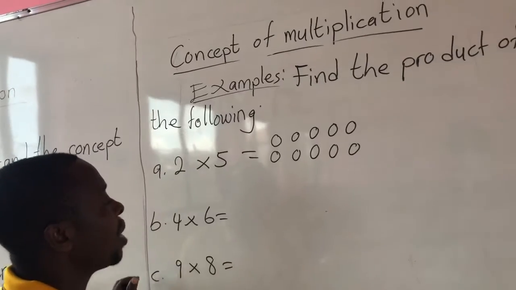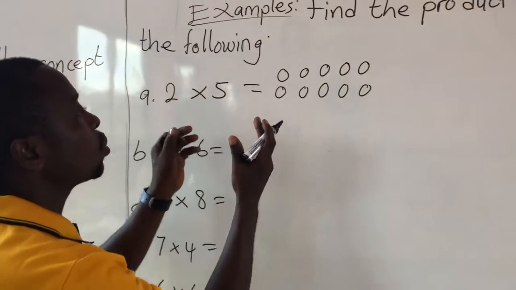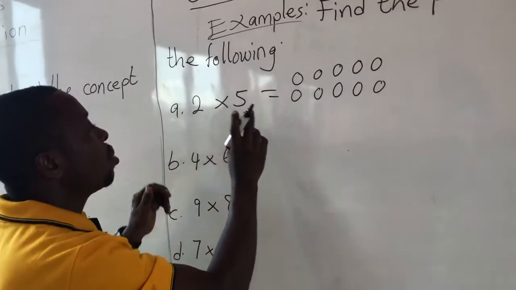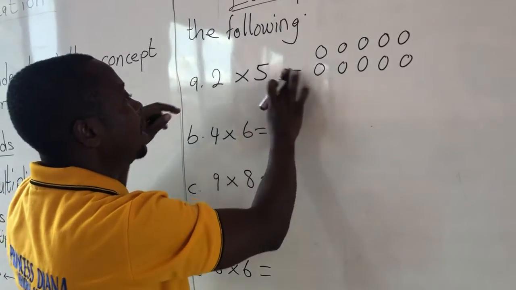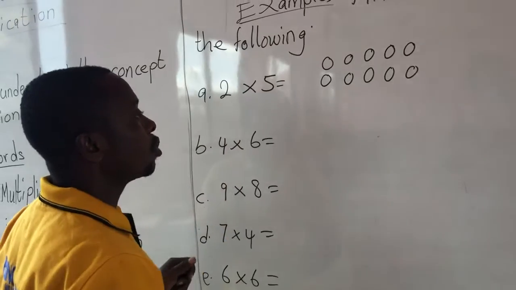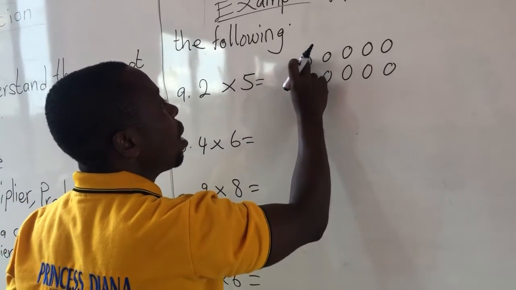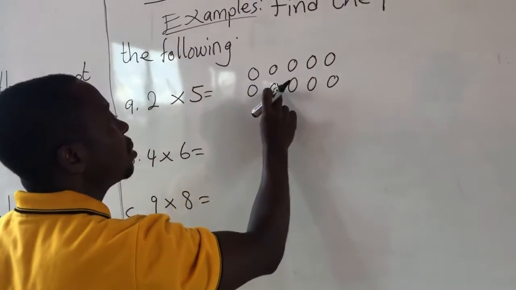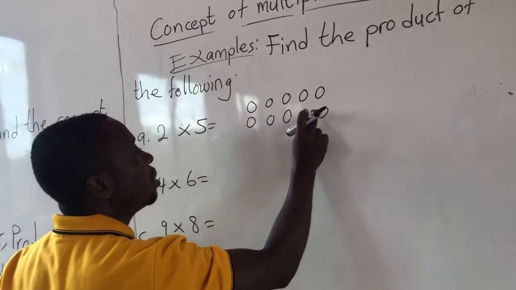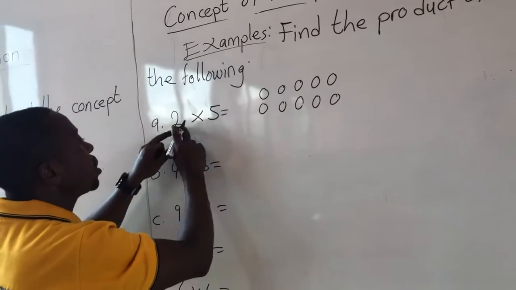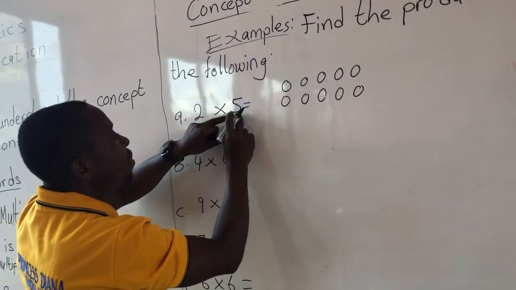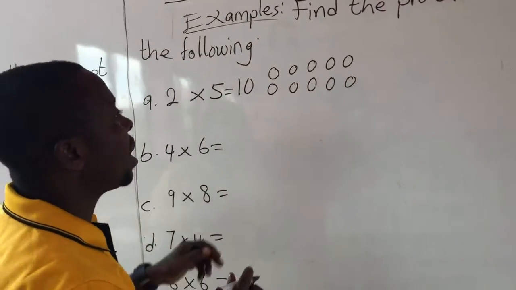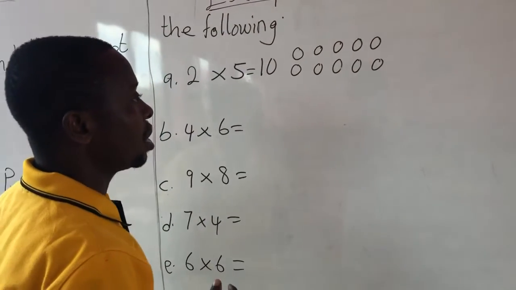Now we are saying that multiplication is continuous addition. So when we continue to add this, it will give us the product or the answer. Okay, good. So let's count. 1, 2, 3, 4, 5, 6, 7, 8, 9, 10. So 2 times 5 gives us 10.